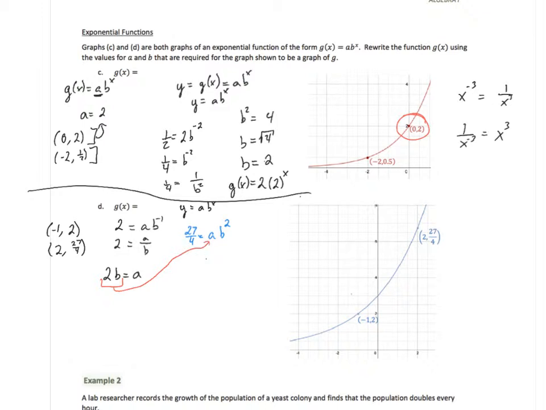So then this will be 27 over 4 equals 2b times b squared. And I know 2b times b squared, that's just the 2, and then b times b squared equals b cubed. Remember, b squared is just b times b. B cubed is just b times b, in other words, b squared, times b.